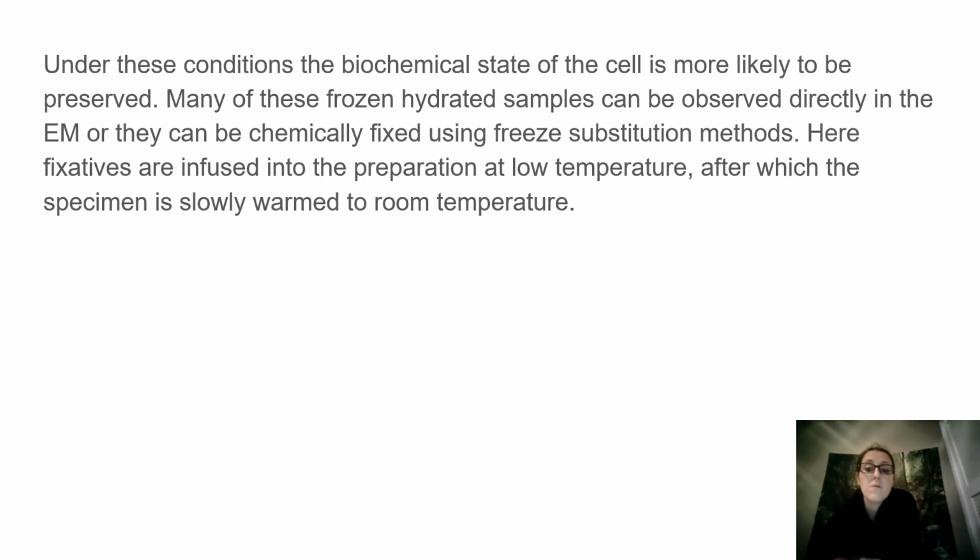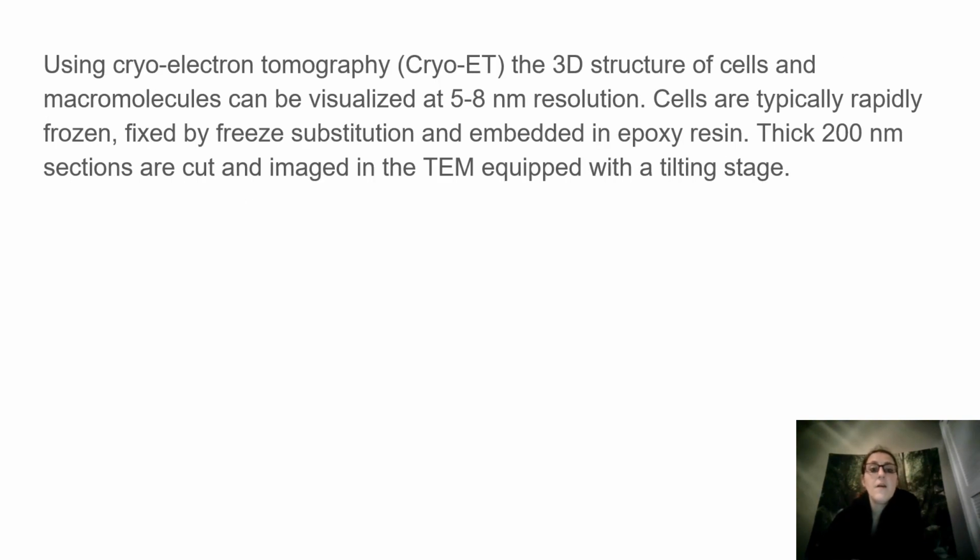Using cryo-electron tomography, cryo-ET, the 3D structure of cells and macromolecules can be visualized at 5 to 8 nanometer resolution. Cells are typically rapidly frozen, fixed by freeze substitution, and embedded in epoxy resin. Thick 200 nanometer sections are cut and imaged in the TEM equipped with a tilting stage.